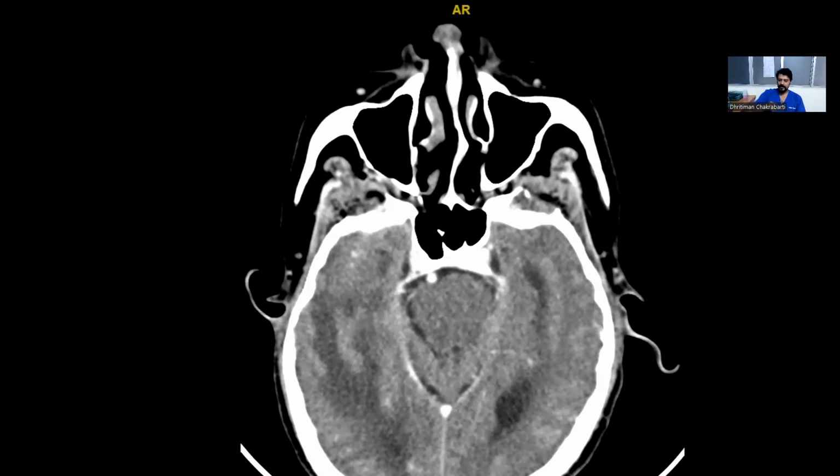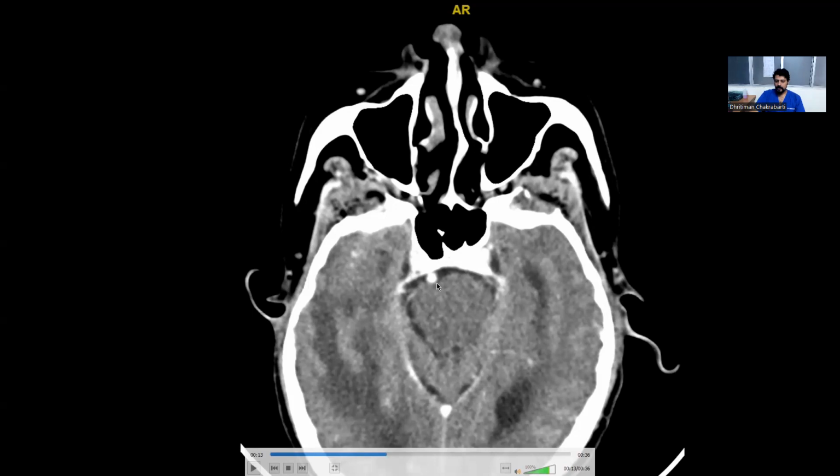The skull base is angled upwards and the tentorium is angled slightly downwards. So when the cut is taken, it will capture a little bit of the cerebellum, a little bit of the tentorium, the temporal lobes and the brainstem in that cut. So this is how it typically looks.